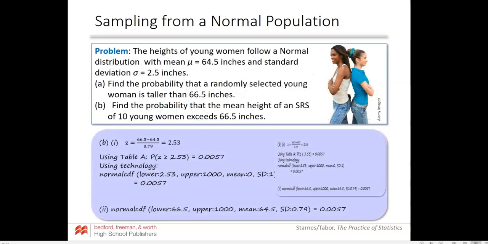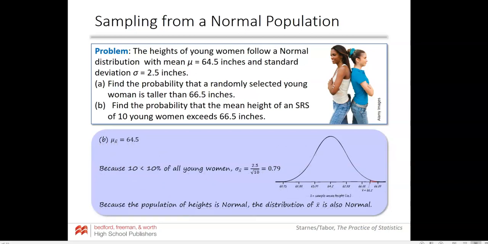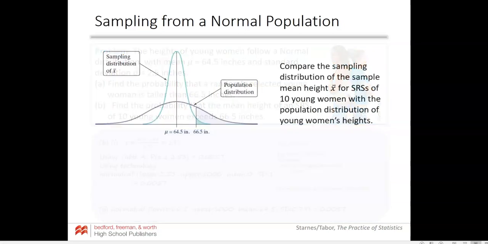This is just taking a bird's eye view of this. So you can see that the standard deviation of the population was 2.5, but the standard deviation of the sample was not that big. It was 2.5 divided by the square root of 10, which was 0.79. So 0.79 is a lot smaller than 2.5. This is going to happen.